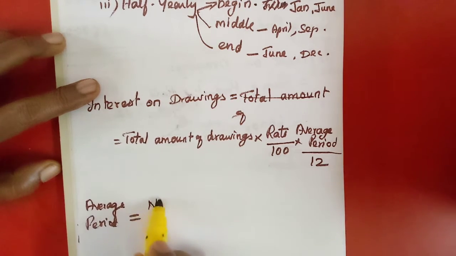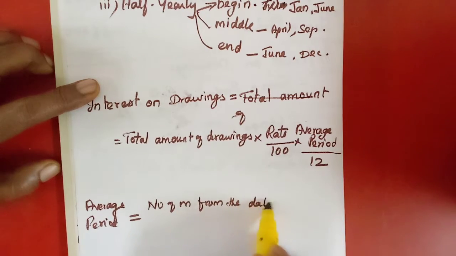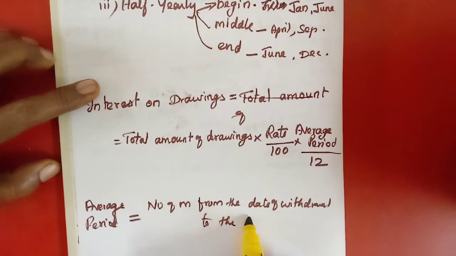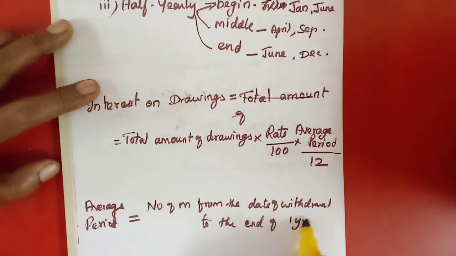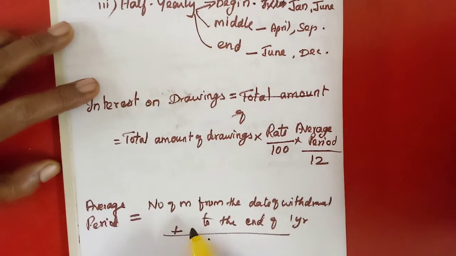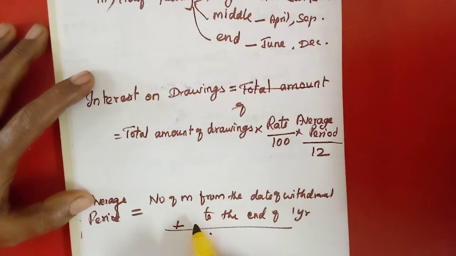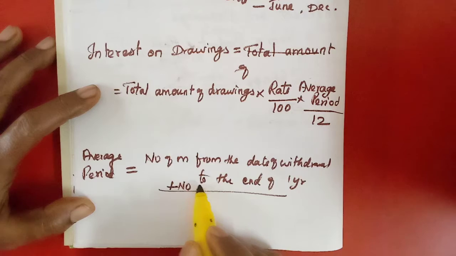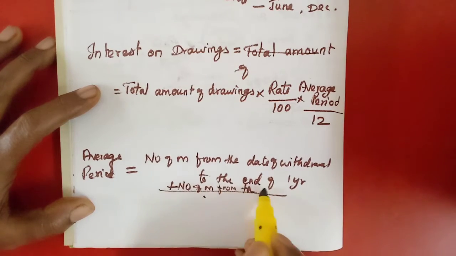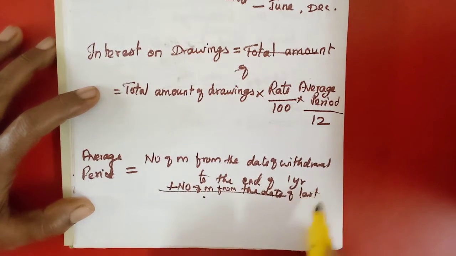Average period: number of months from the date of first withdrawal to the end of the year, plus number of months from the date of last withdrawal to the end of the year, divided by 2.